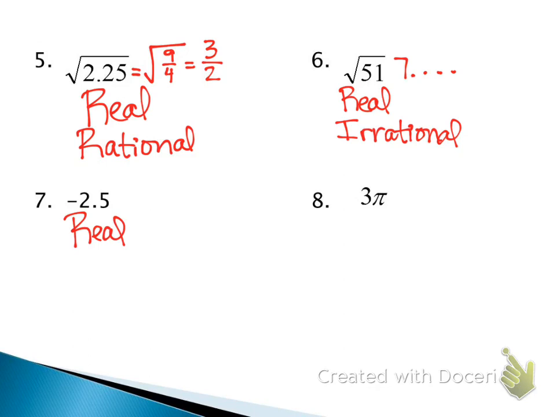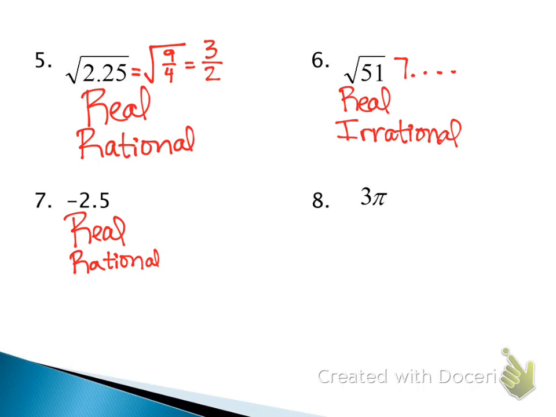Rational or irrational? Rational. The decimal ends, so it is rational. After that, we have to decide, is it an integer? Jamarl, what do you think? No, it's not an integer because of the decimal. So we're done. Real, rational, done.